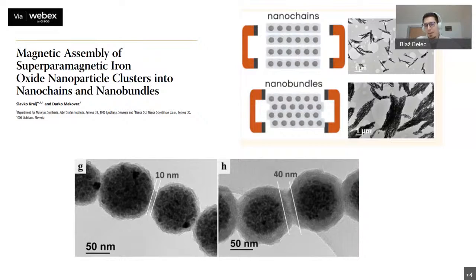Additionally, we can also dissolve this iron oxide with concentrated hydrochloric acid, and we get hollow silica spheres. Then we can put our drug or something else inside, and then we have targeting of the liver, for instance.